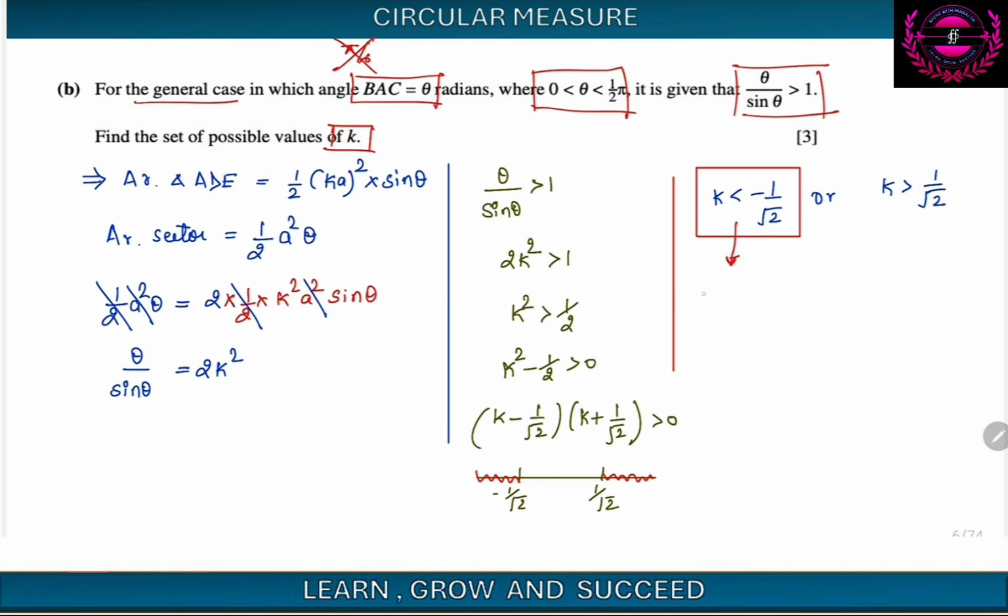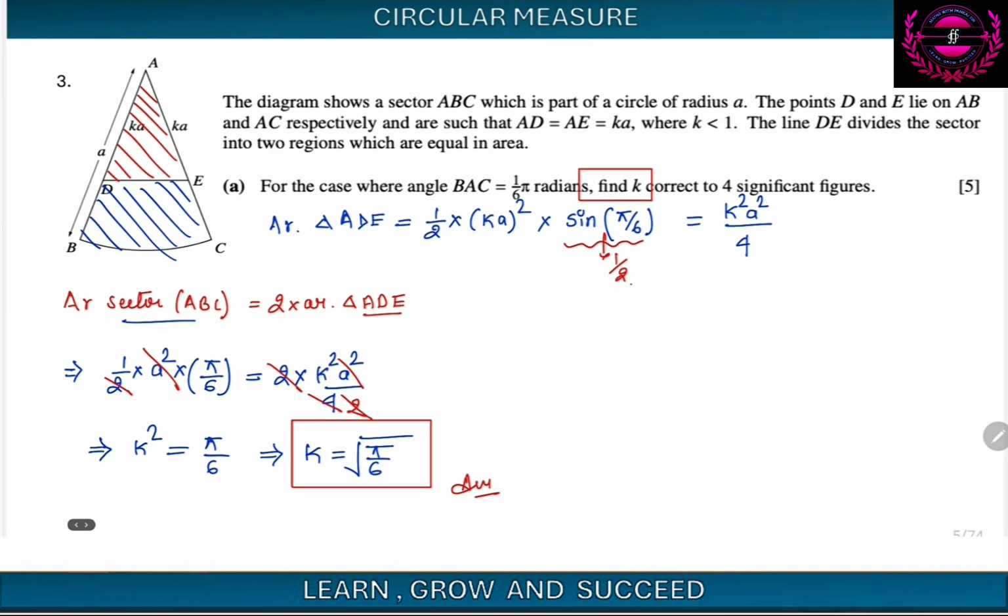Why? Because ka represents length, hence k and a both must be positive. So k must be positive. Second, k is greater than 1 by root 2, okay, this is fine. But in the first part, we are given that k is less than 1.